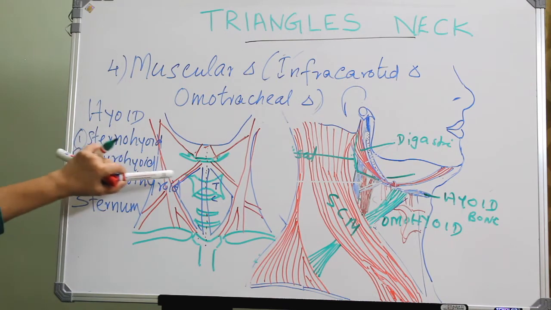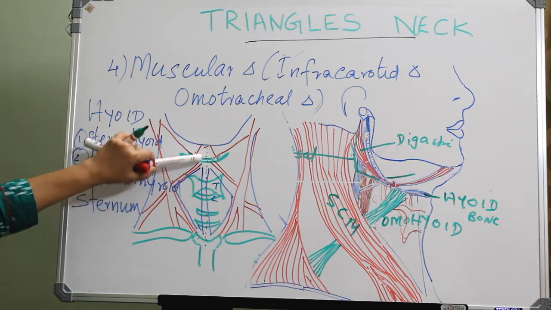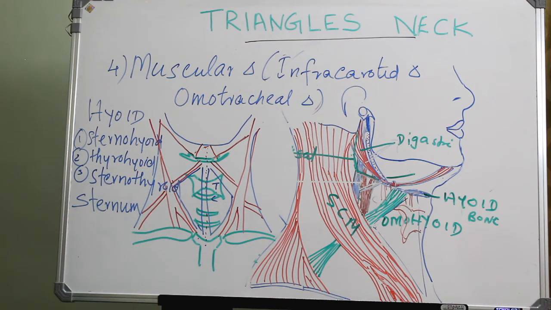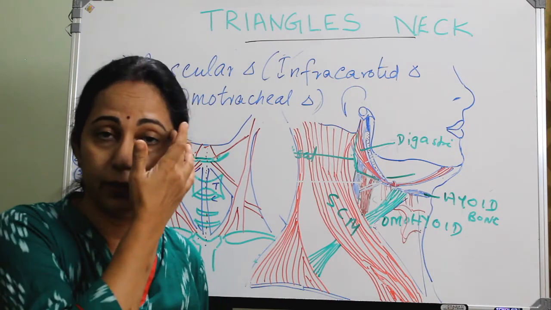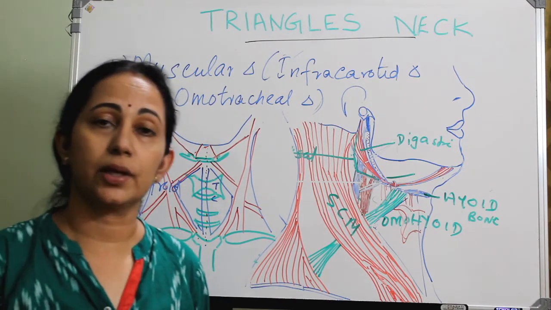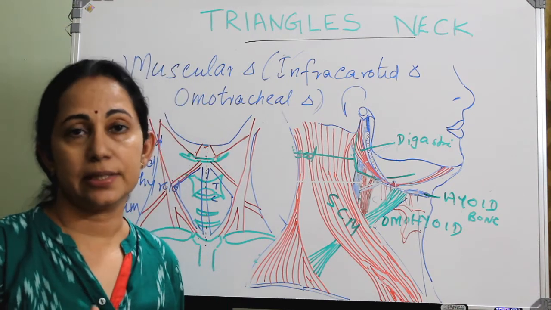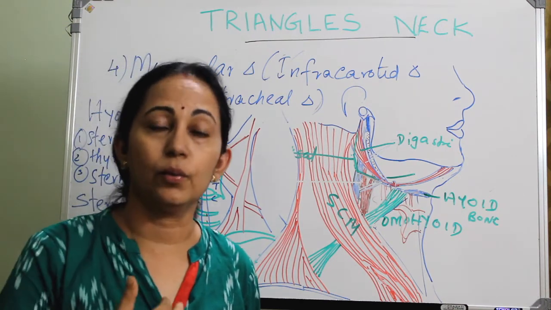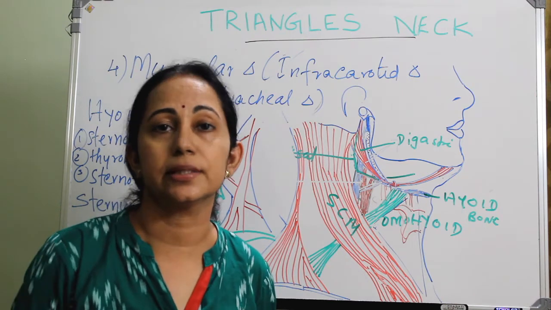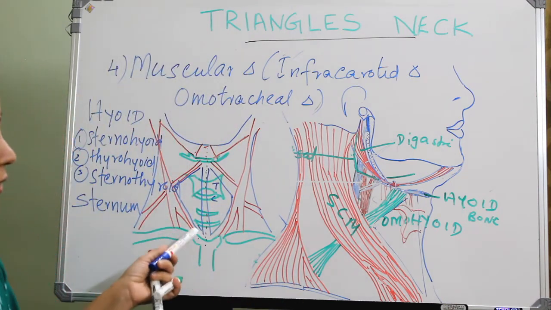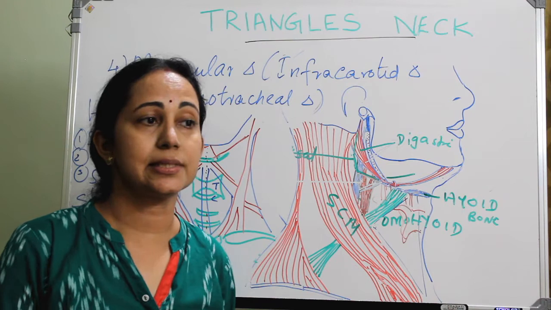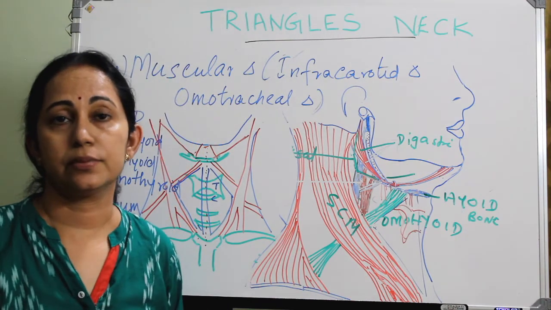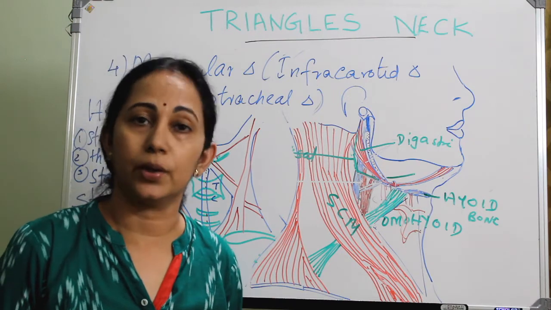They are the sternohyoid, thyrohyoid and sternothyroid muscles, and the two arteries, mainly the superior thyroid artery and the inferior thyroid artery, and the veins, the superior and inferior thyroid veins, and also the viscera in relation, the lower part of the larynx, the trachea, esophagus, and the thyroid gland and thyroid cartilage. So these are the main contents of this muscular triangle, and the surgical importance is in two surgical procedures. One is tracheostomy and another one is thyroidectomy.